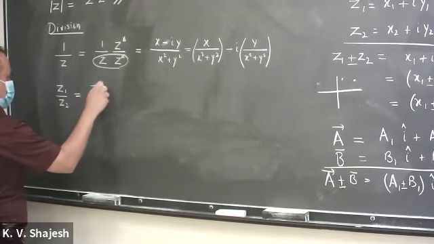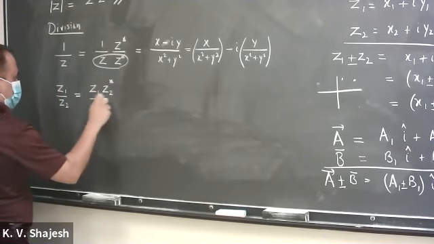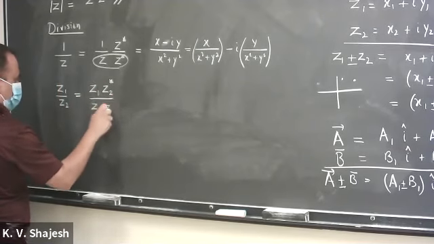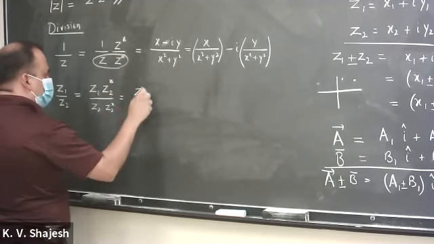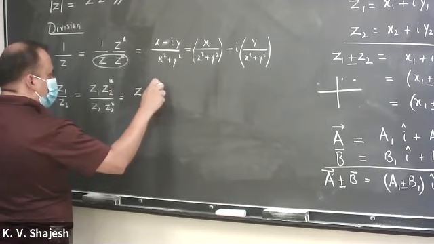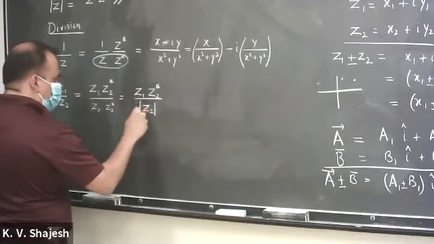So this is z1 times z2 star, and this is z2 times z2 star. And that's the same as z1 z2 star divided by the magnitude squared.